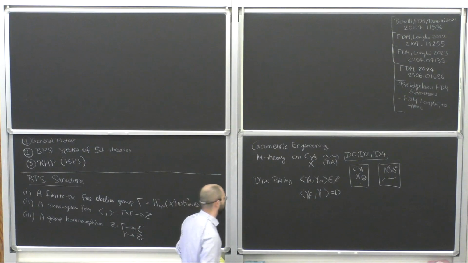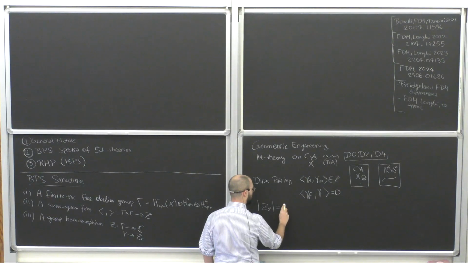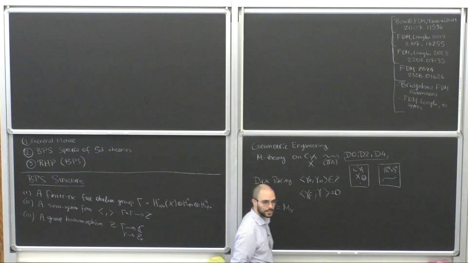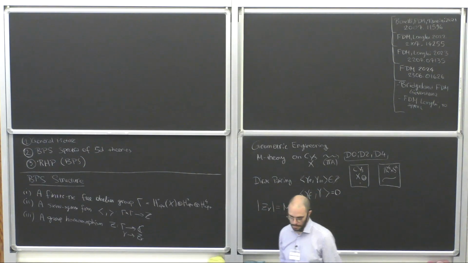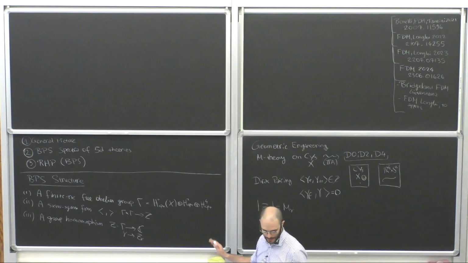And as we probably all know, hopefully, the BPS bound is just that the modulus of the central charge is the mass of the particle. Also, the phase is important, actually, but I don't want to enter into that. But we really need the full complex central charge. That's important.